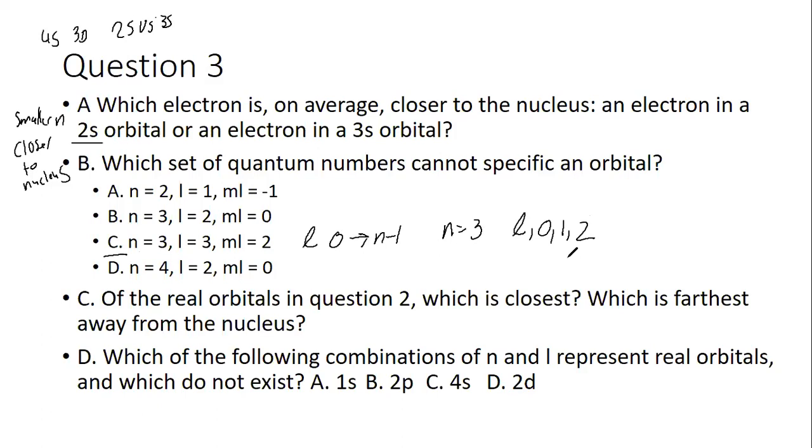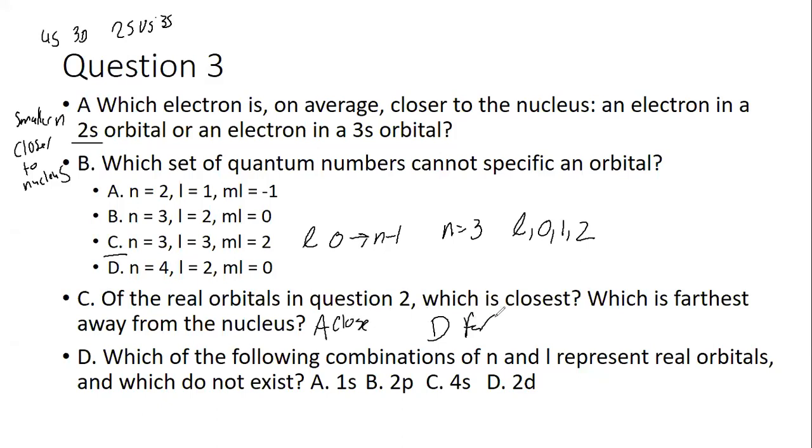That breaks the rule for the values of l. Okay, so of the real orbitals in question 2, which is closest and which is farthest? A is closest, n equals 2. Farthest would be D, n equals 4.